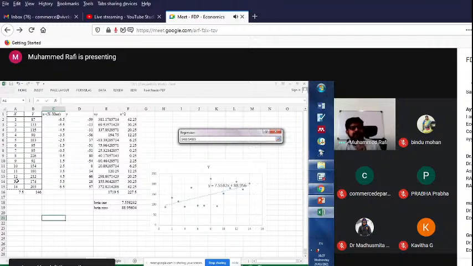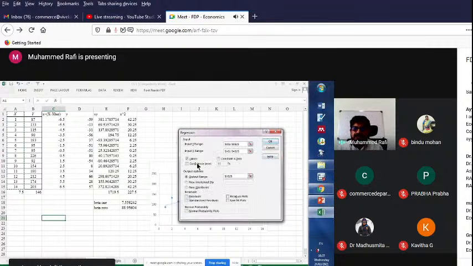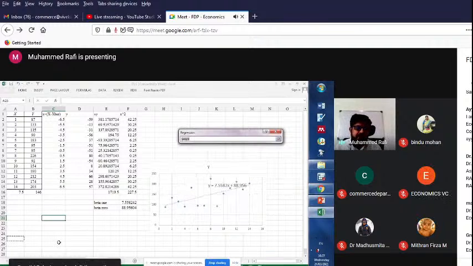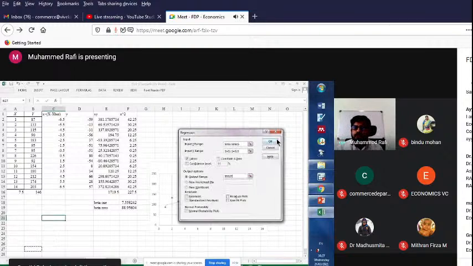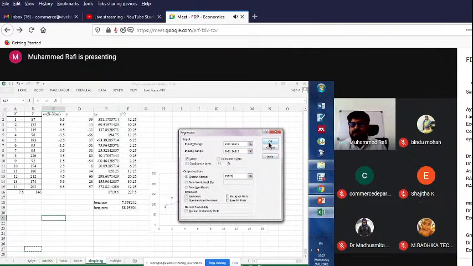Now, note one thing, that we have also selected the label. We have also selected the name, we started with the first one. So in that case, you can select this label, and it will ask you where you want the output range. Let me put the output from this regression here.